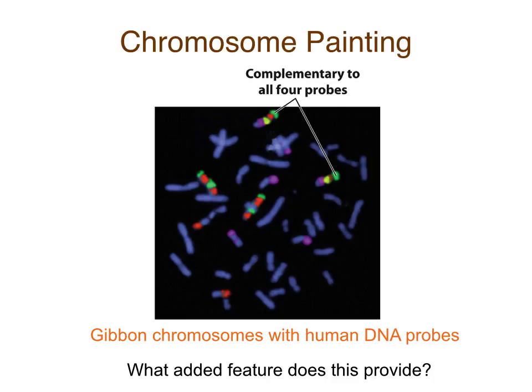And so this is one where we developed probes based on human DNA and then exposed them to these given chromosomes. And so we say, okay, in humans, we have some gene, just pick any kind of gene, and we're wondering, do gibbons have that same kind, or vice versa?